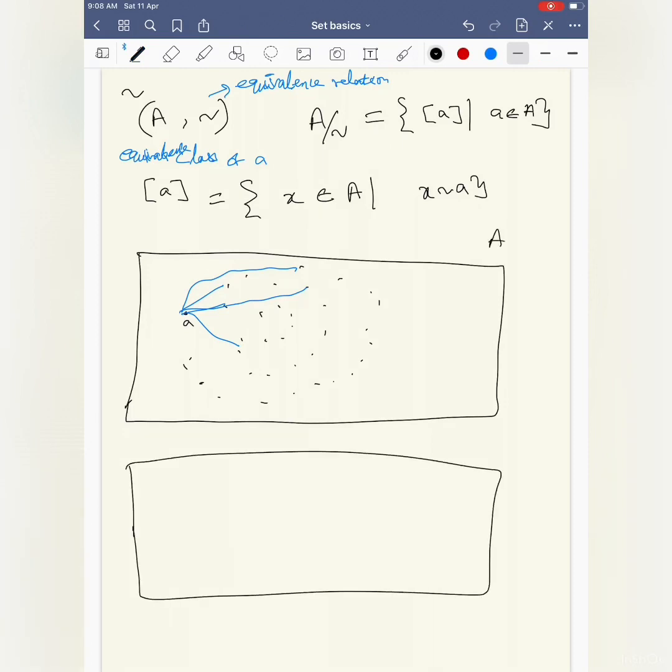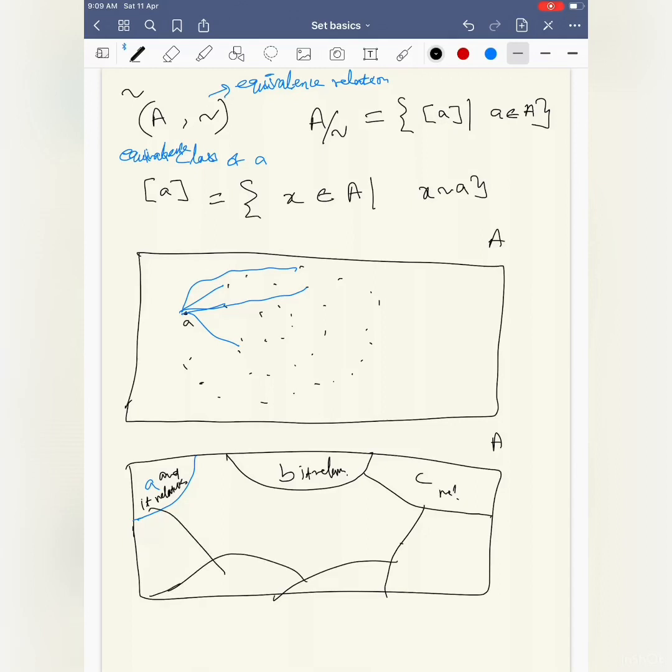So what's happening here: this is capital A, and I'm splitting it into a and its relatives, then there will be some b and its relatives, c and its relatives, like that I'm splitting.